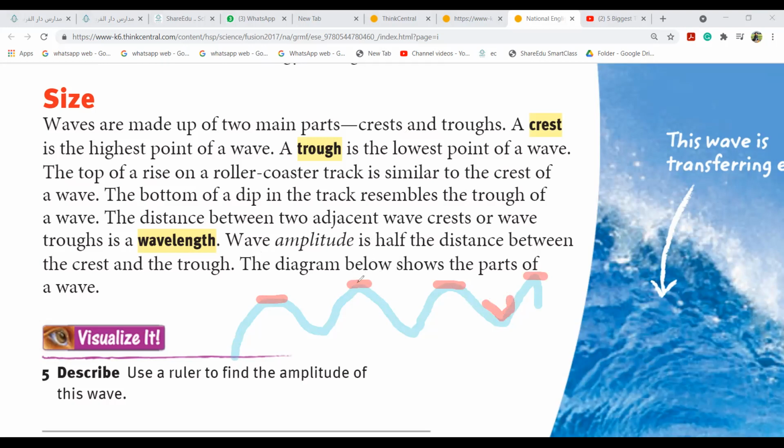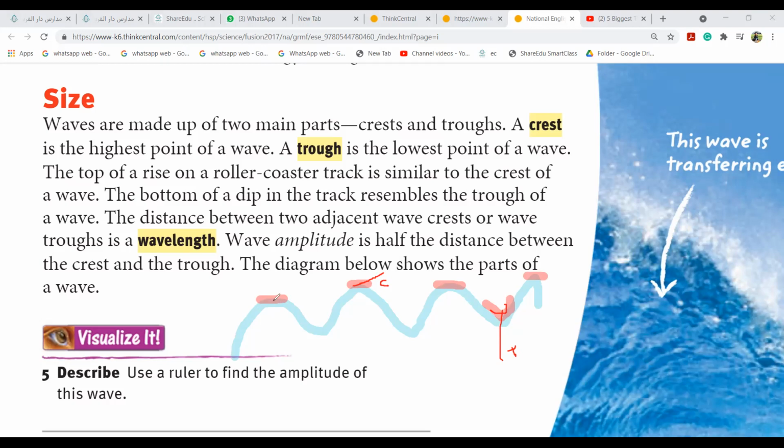I'll write C for crest and T for trough. The bottom of the dip in a roller coaster track resembles the trough of the wave, and the rise is the crest.